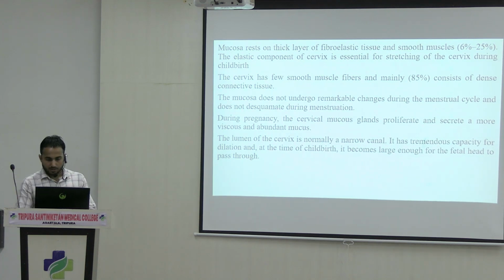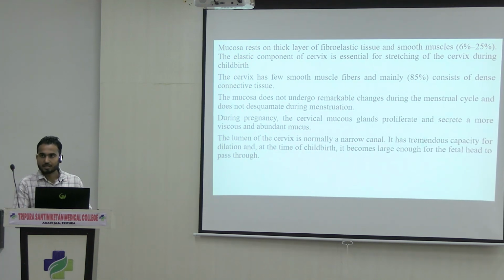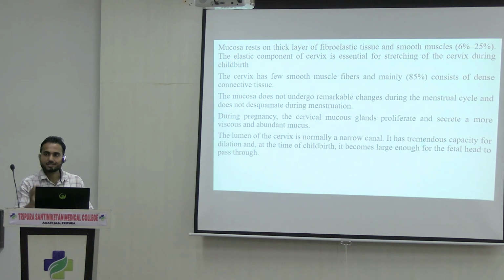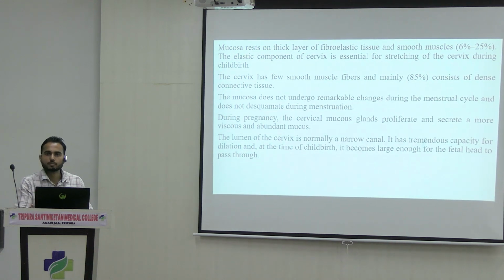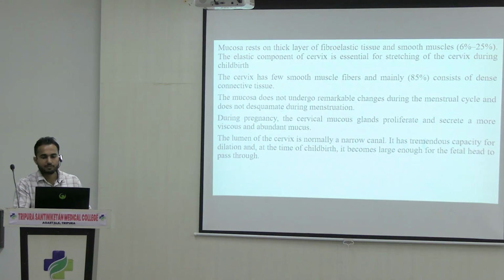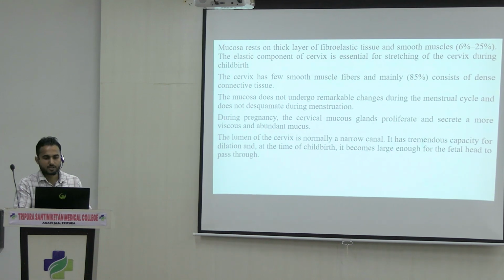Next, the mucosa of the cervix is resting on, which means it needs, a support. So how is the support provided? That support is provided by the fibroelastic tissue, where smooth muscles are present, approximately 6 to 25%.